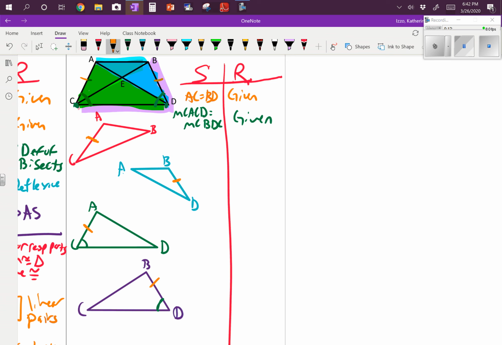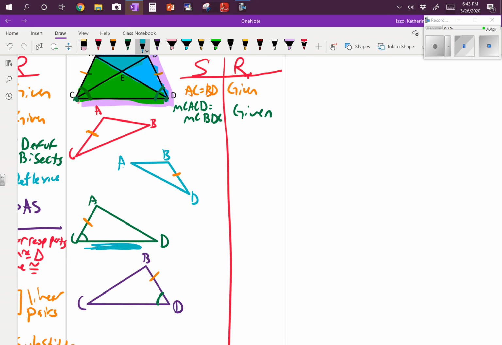But the green and the purple triangle are looking promising. We've got one pair of sides, one pair of angles. That's very helpful. And if we notice, there's something very special about the line CD. The line CD in the green triangle is the same line CD in the purple triangle.